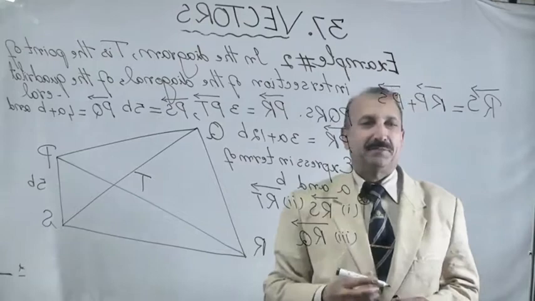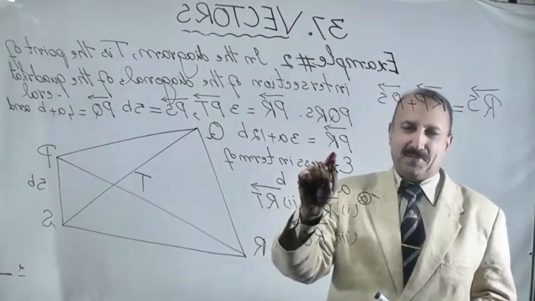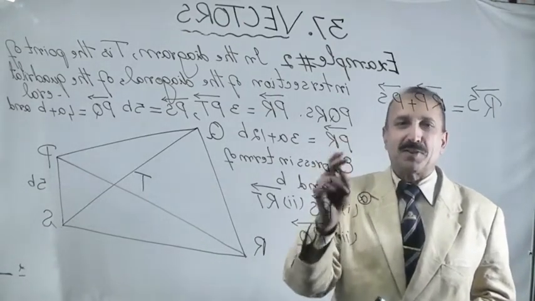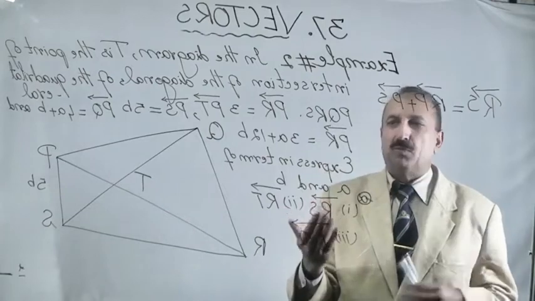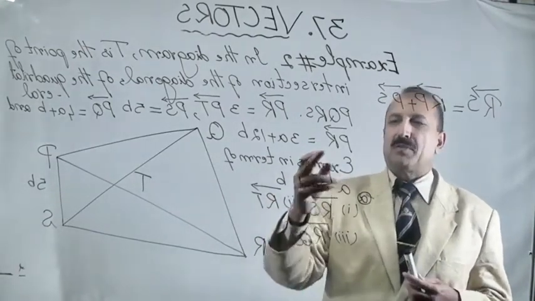My dear student, we have PR given in the question statement. We need to have RP, which is the opposite of this vector. What will we do? We write its negative vector, by multiplying with the negative sign.